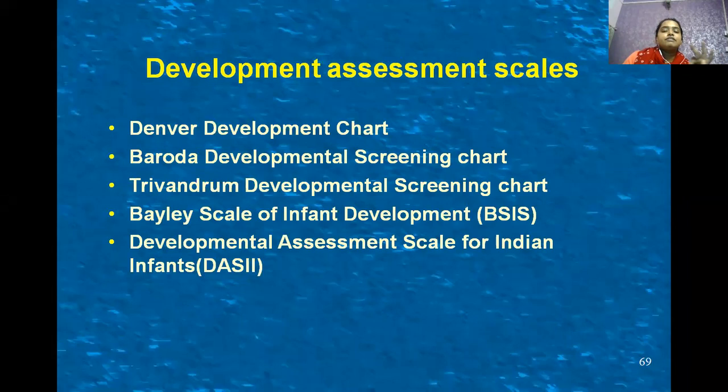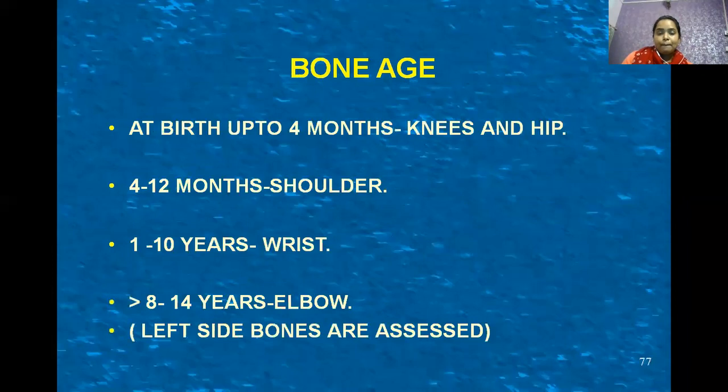So first is developmental assessment scale. It is very important. I told you before, Trivandrum developmental screening chart. It is very important and it is an authentic developmental chart. And thereafter, Denver development chart. It is very important. So next is bone age. At birth up to 4 months, knee and hip formation may be there, at 4 to 12 months shoulder, at 1 to 10 years wrist, and at 8 to 14 years elbow.